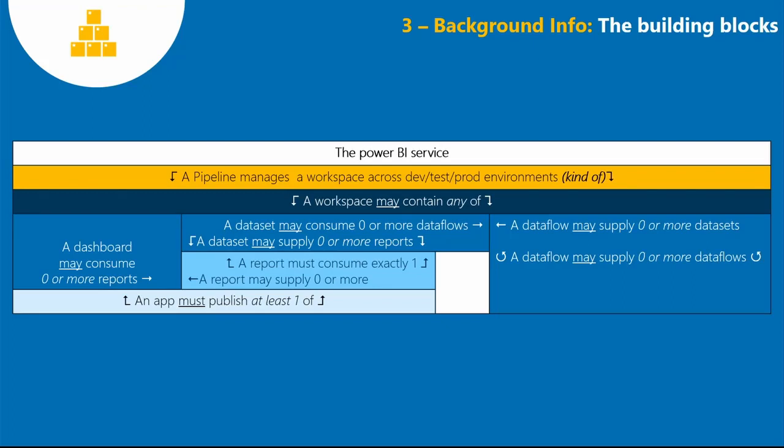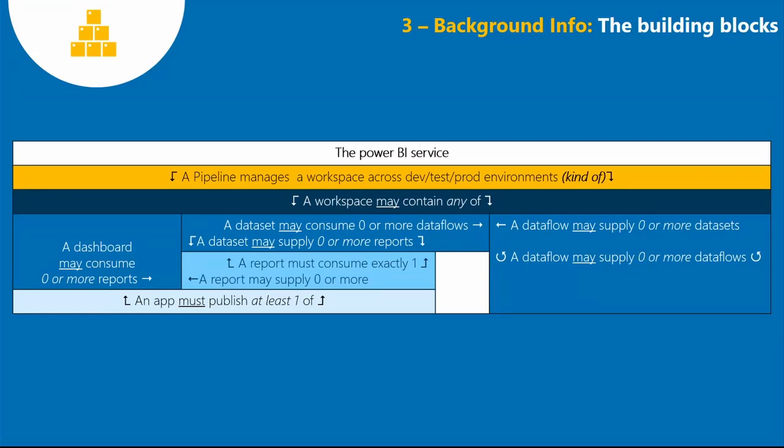Then you have an app, which is basically the workspace. It is also called an app workspace because there's a one-to-one relationship. You can publish the content of your workspace as an app. You can choose which dashboards and reports you want to include. You must have at least one dashboard or report in there, otherwise you can't publish the app.